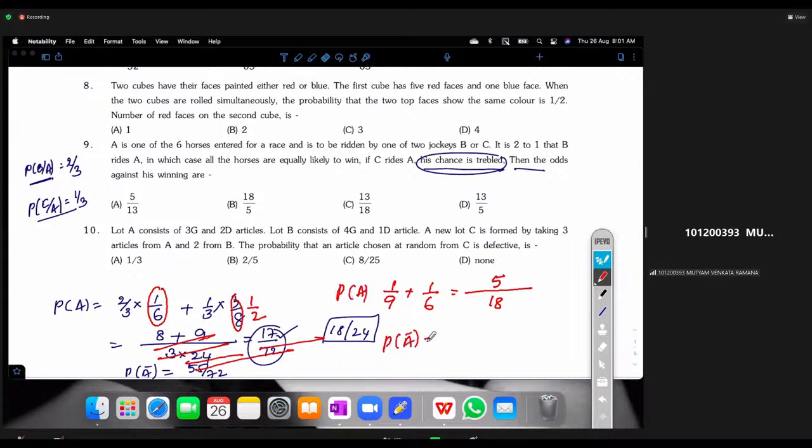The probability of A losing will be 13 by 18, so the odds against, this one is the answer. Chances tripled means compared to equally likely 1 by 6, 3 times 1 by 6 is 1 by 2.